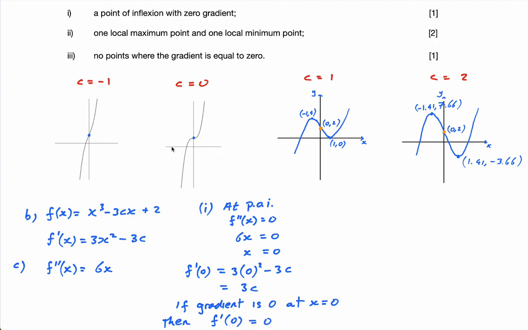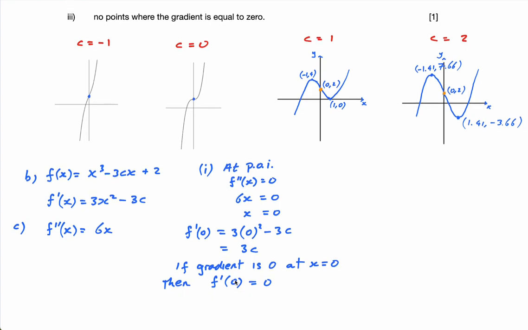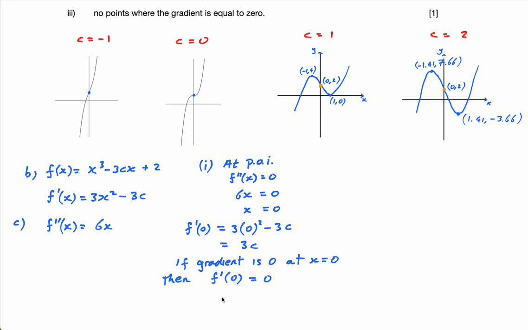So special case, if it has a point of inflection and that also has a gradient 0, then the first derivative equals 0 and the second derivative equals 0. So the first derivative has to equal 0, hence 3c is equal to 0, hence c is equal to 0.